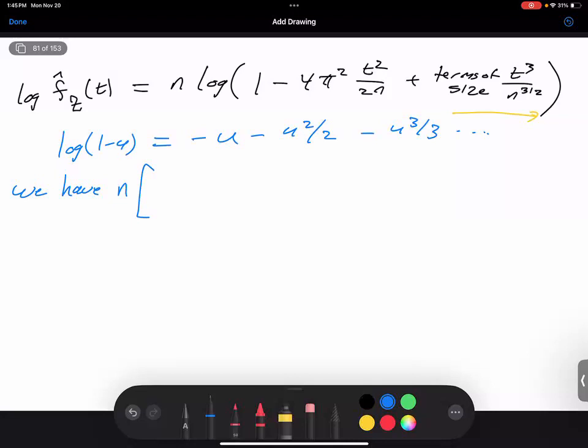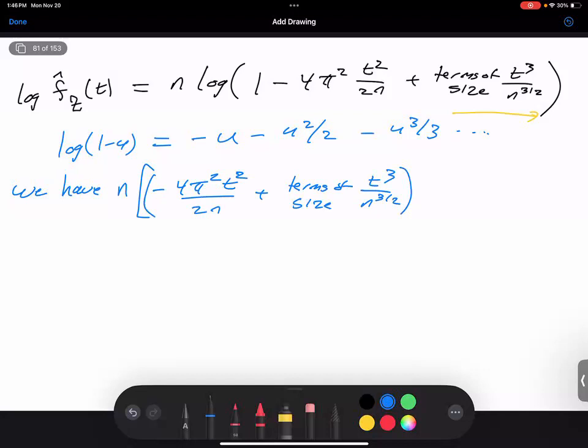The first piece is going to be minus 4 pi squared t squared over 2n plus terms of size t cubed over n to the 3/2, right? That's the first piece.